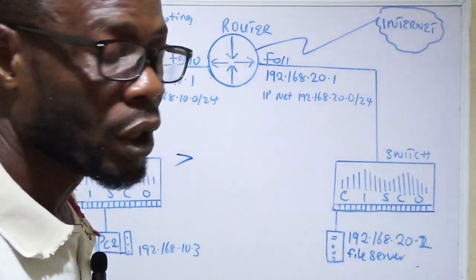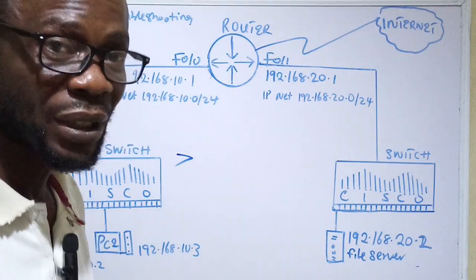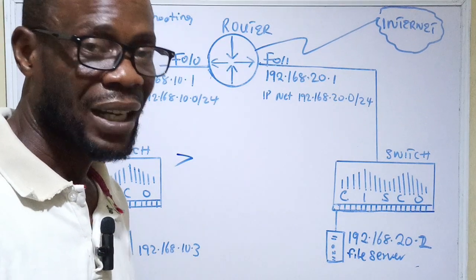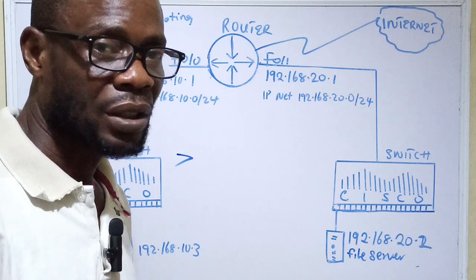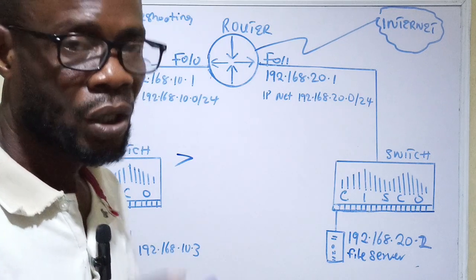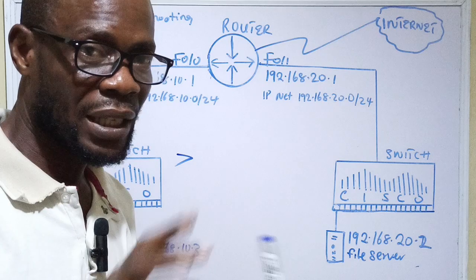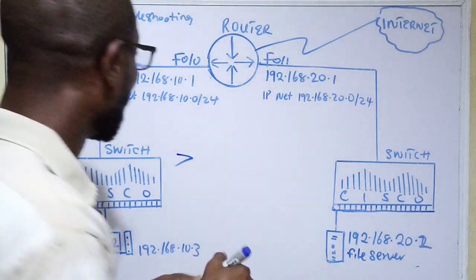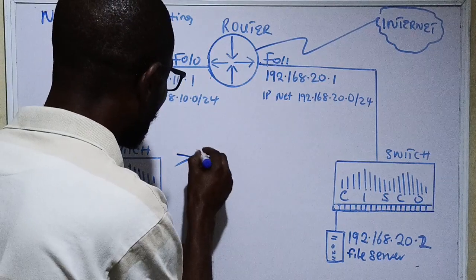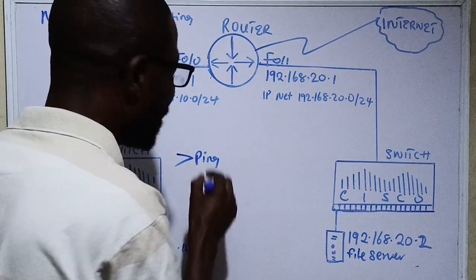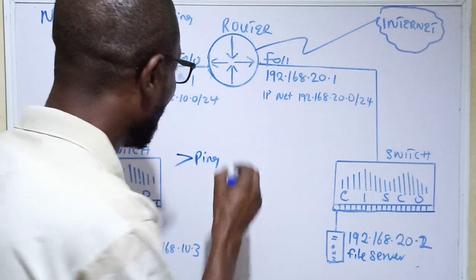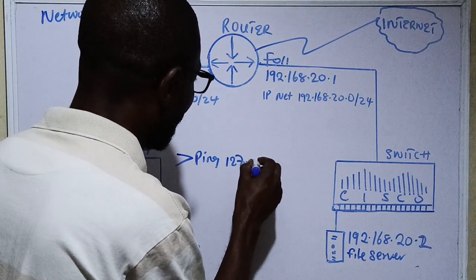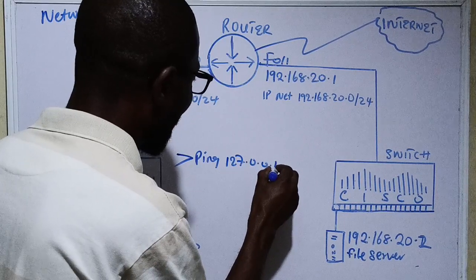What you need to do is go to the taskbar beside the start button. There is a search box there. Just type command prompt. It will display in a black color, giving you this sign. Then you ping. Ping means packet internet groper. You ping this IP address 127.0.0.1.